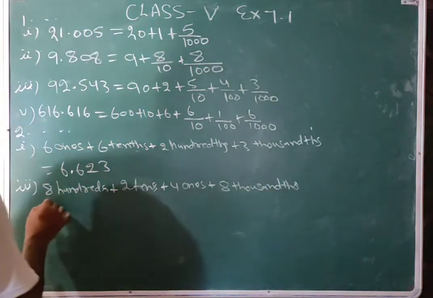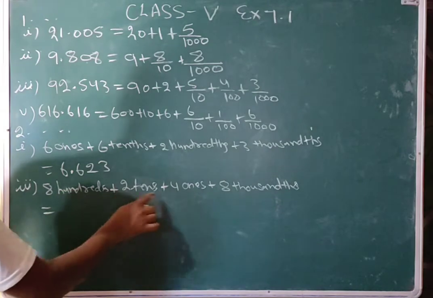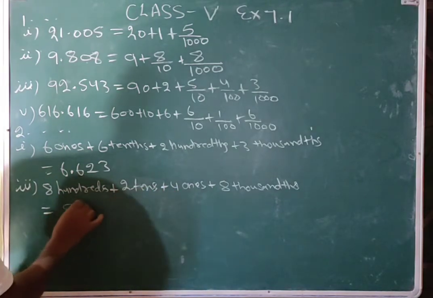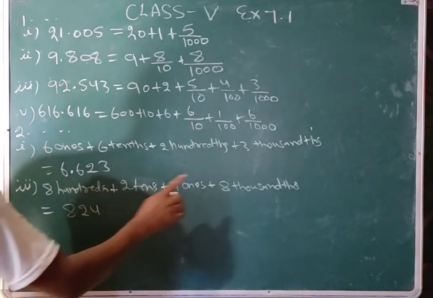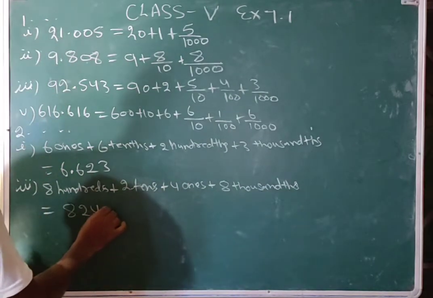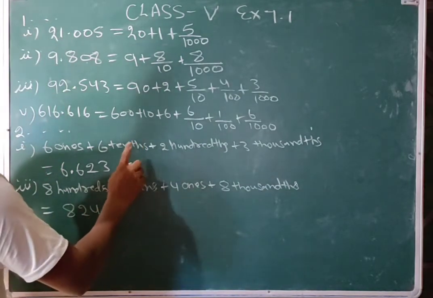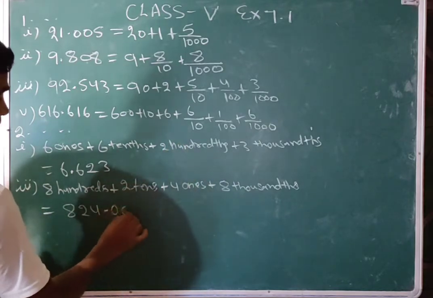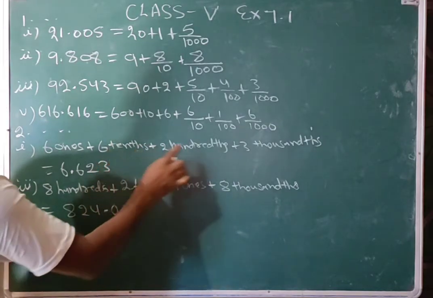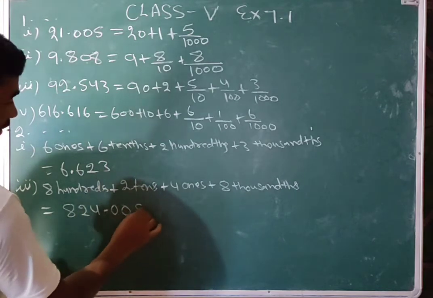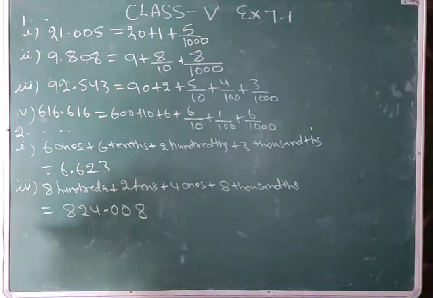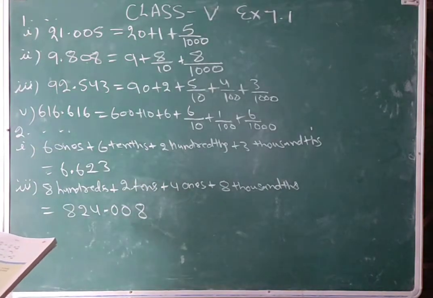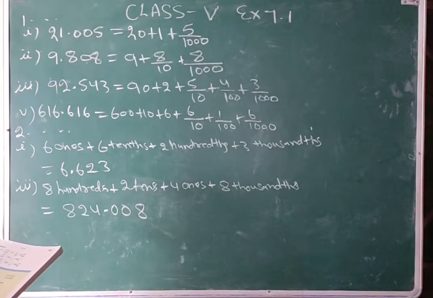So here it is a little complicated. 824 comes, and then the decimal starts. The tenths place is not there, the hundredths place is also not there, so we write 0 for the tenths place and the hundredths place, and then after that 8 will come. And then the fourth part you can also do.